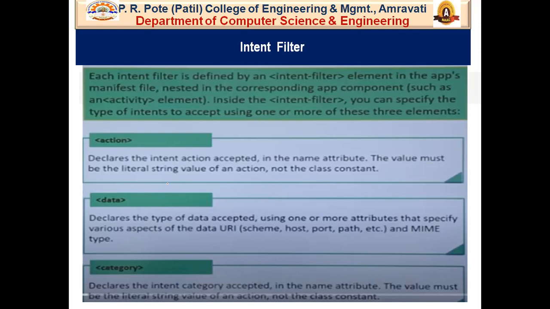As the word says, when we want to filter our application, I mean I want to give some additional properties, additional requirements, and additional actions to my application or to my activity. At that point in time, I define an intent filter.